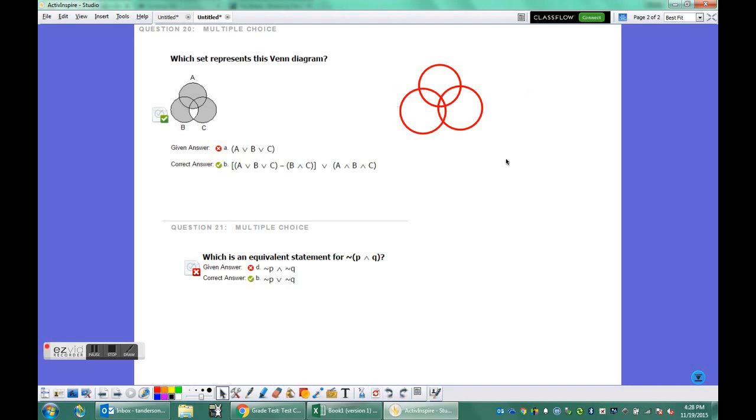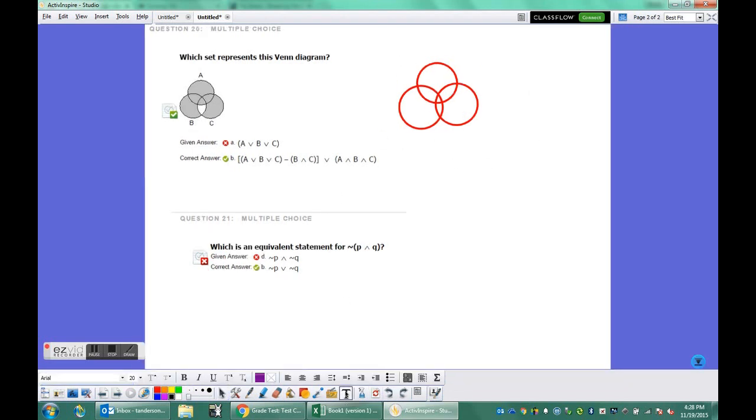So I've drawn a Venn diagram here for my A, B, and C. So I got A, B, and then C. So when I'm going through the answer choices, I'm going to actually show both of them here.